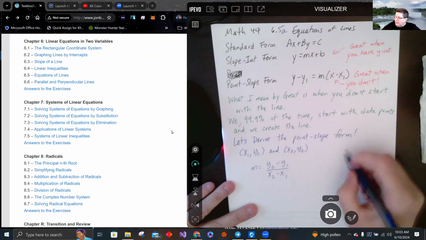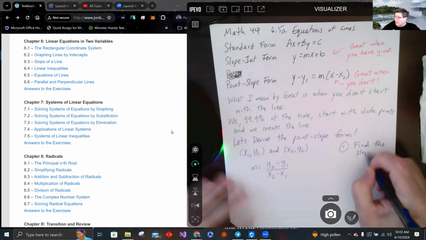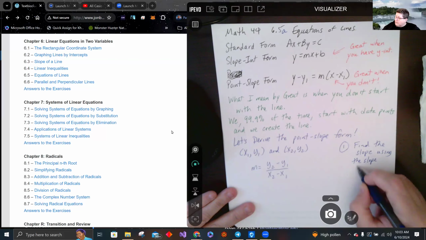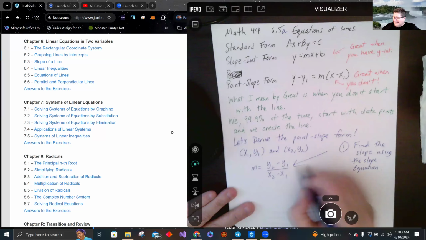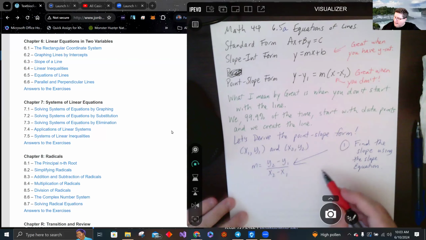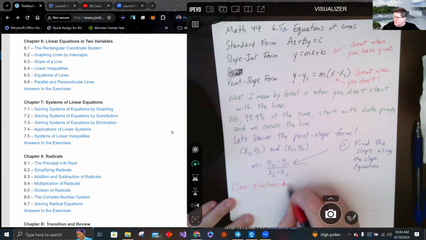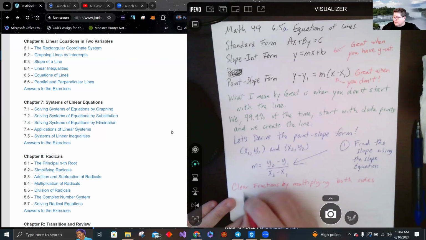So in part one, we would find the slope using the slope equation. And then this is where the point slope comes from. Clear fractions by multiplying both sides by x2 minus x1.